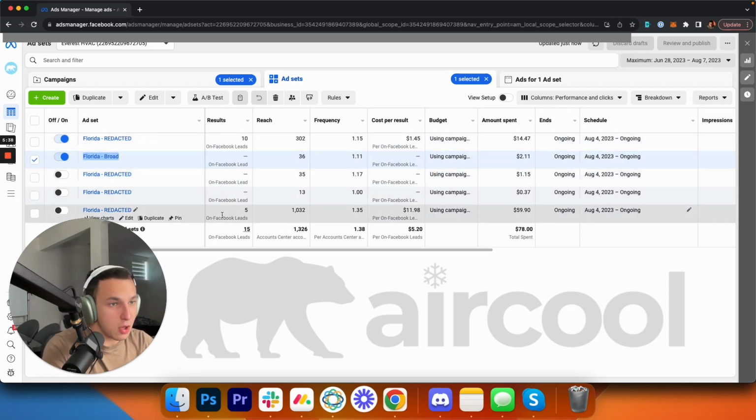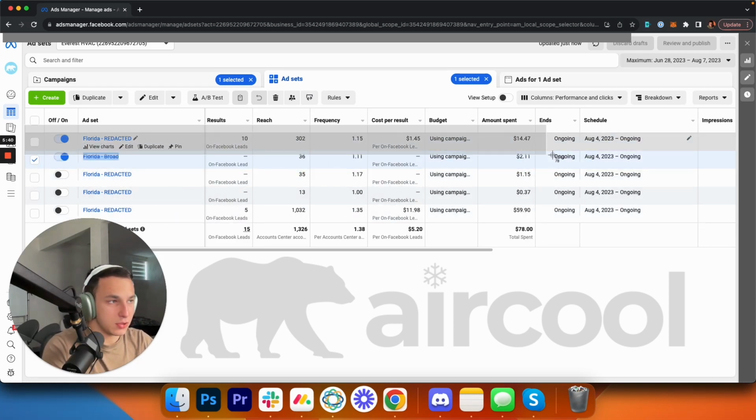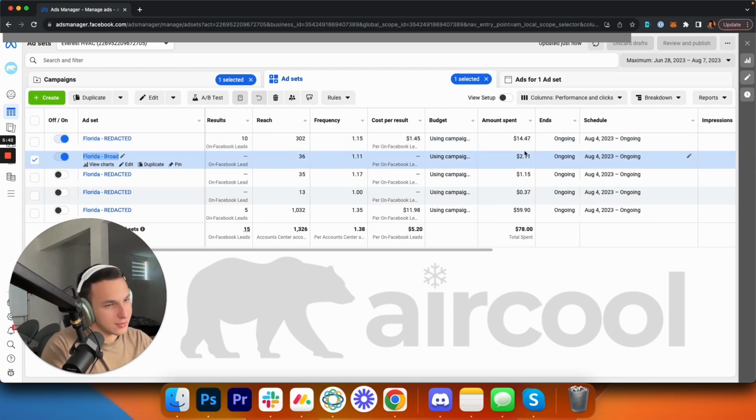So I turned this off manually, and now we're specifically pushing for this interest, which, sorry, I will not be sharing because I'd rather keep that to myself. But the point is, do not always rely on broad. 9 out of 10 times, don't get me wrong, you will get better results with broad than any other interest. 90% of the time.